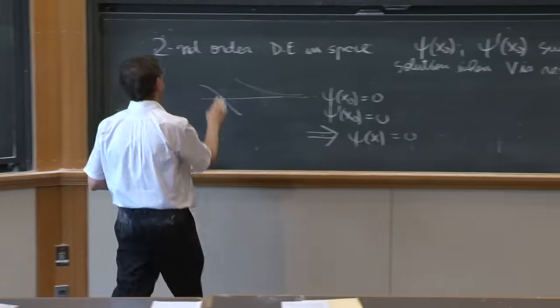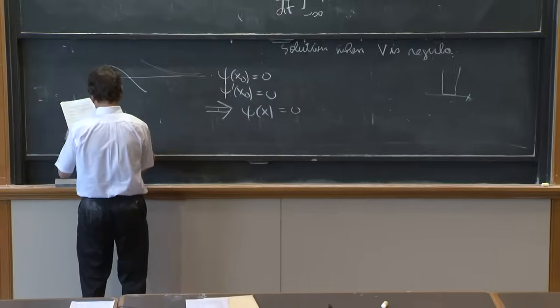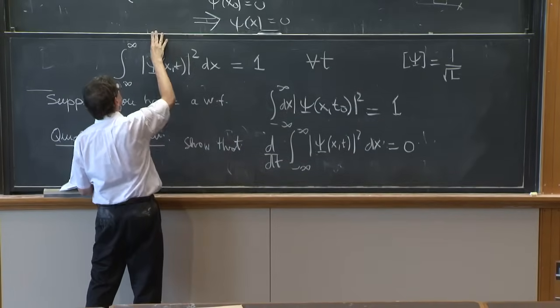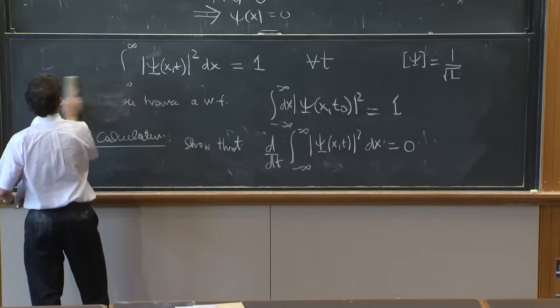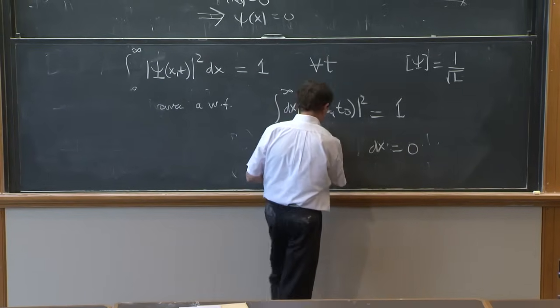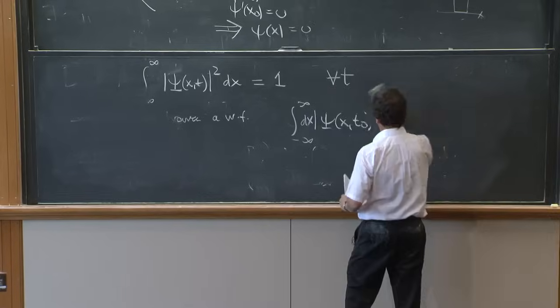So what else do we have here? Well, we have energy eigenstates and the spectrum. So what is an energy eigenstate? Well, it's a solution of this equation.